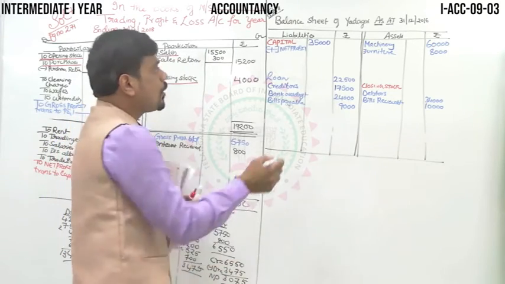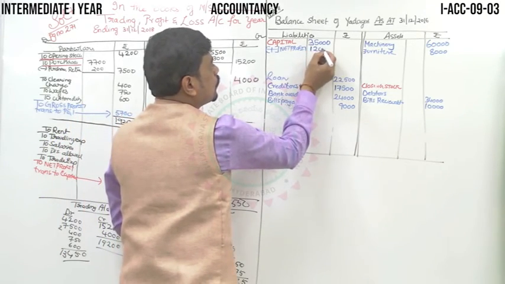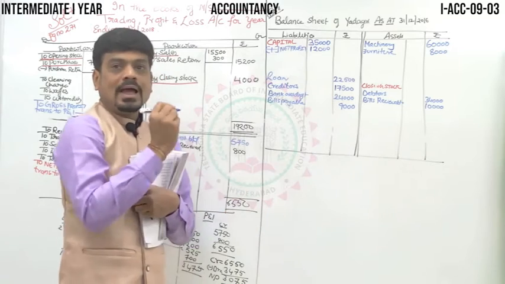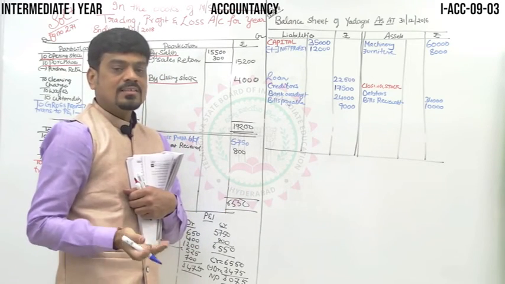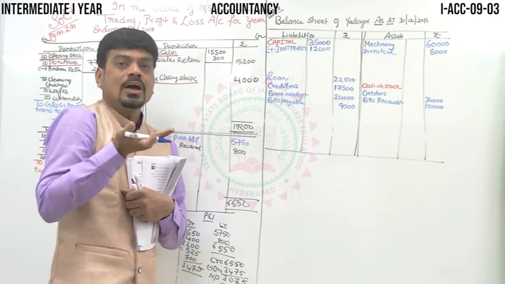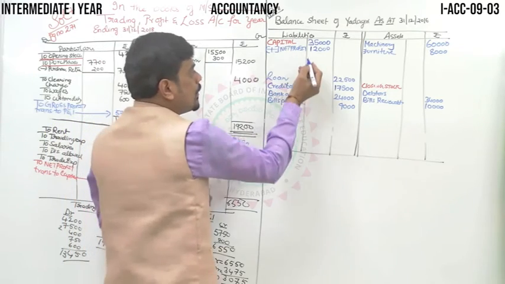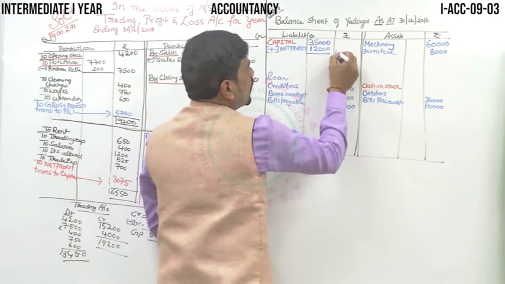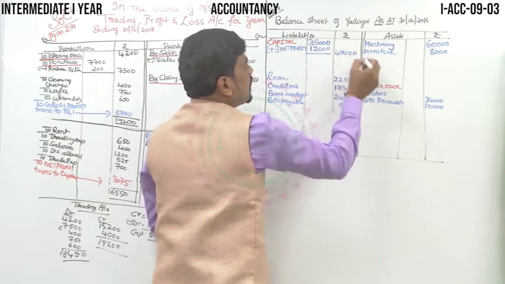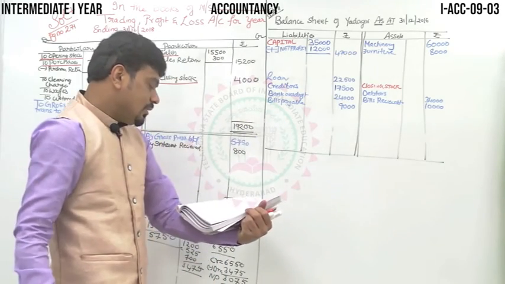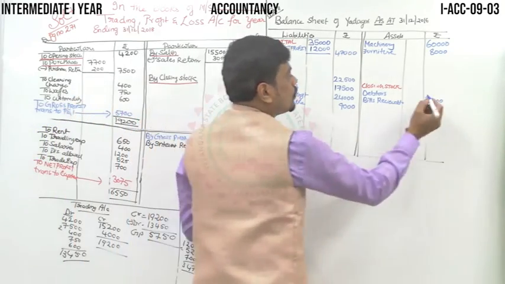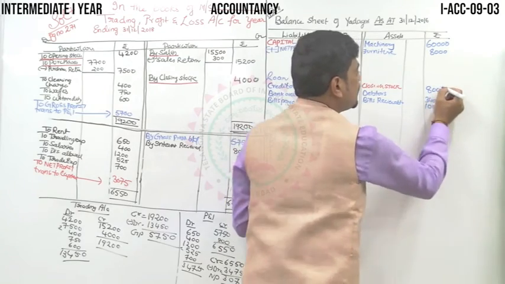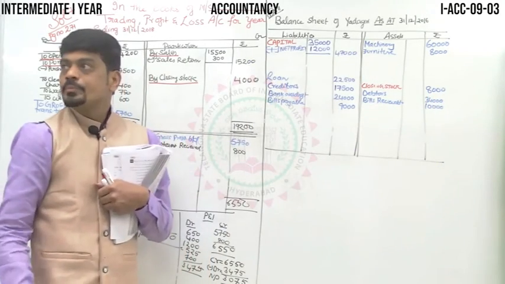How much is the net profit given? 12,000. If you remember, I told you in the basic class, net profit will increase your capital. So see how much the capital is now? 47,000. Then they gave closing stock. Closing stock, we already wrote, we just fill in the amount.